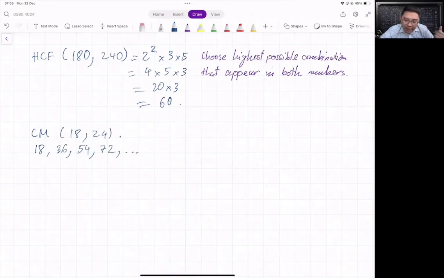All right. And then you have 24 times 2, which is 48, times 3, which is 72, times 4, which is 96, times 5, which is 120. Here I am going to extend a little bit more.